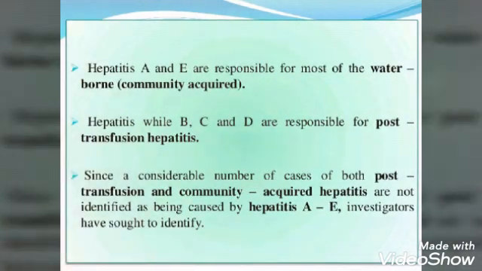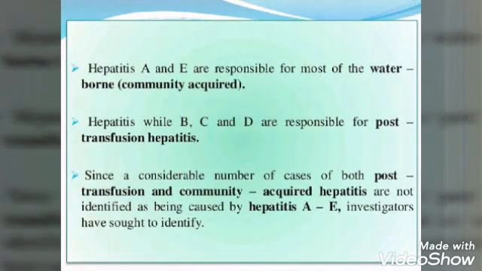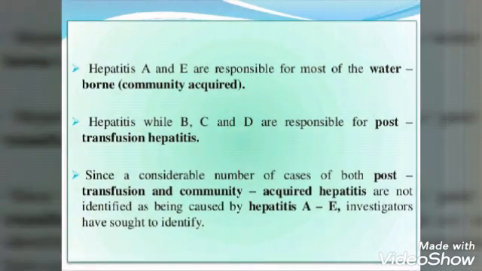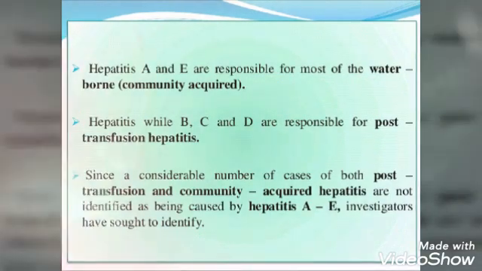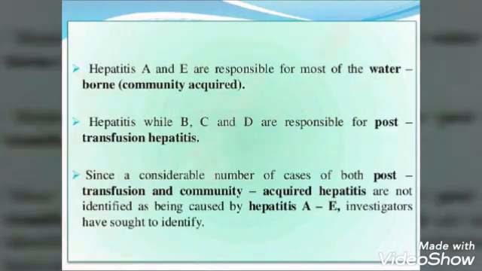Here it is telling that a major number of cases are not found to be based on transfusion or community acquired, so investigators are trying to find out which type of viral disease is most common in human beings.